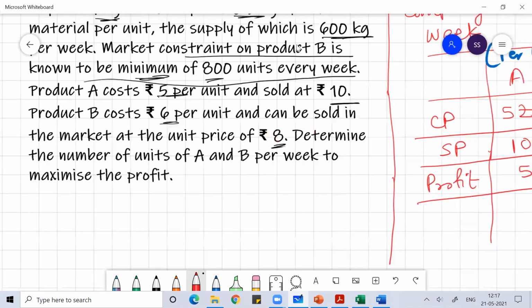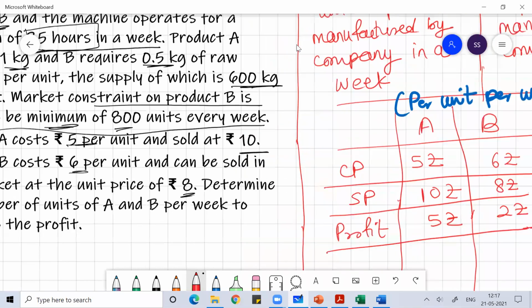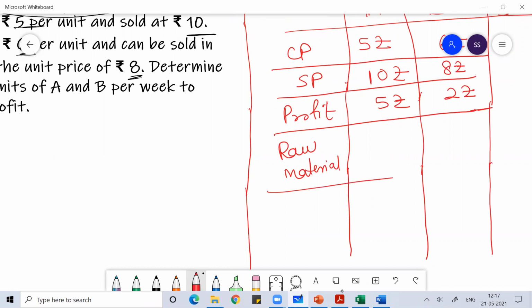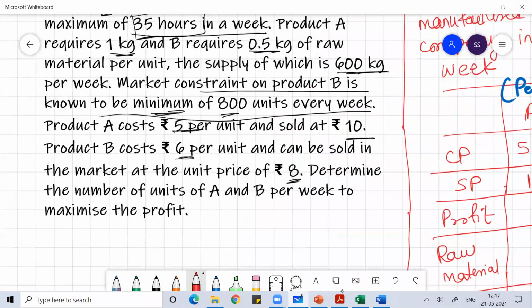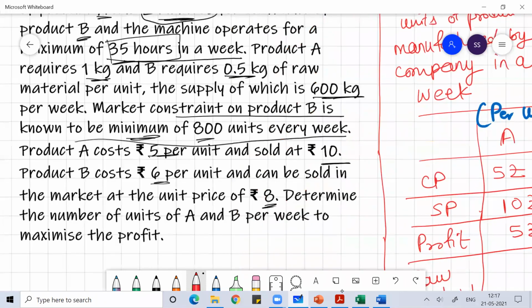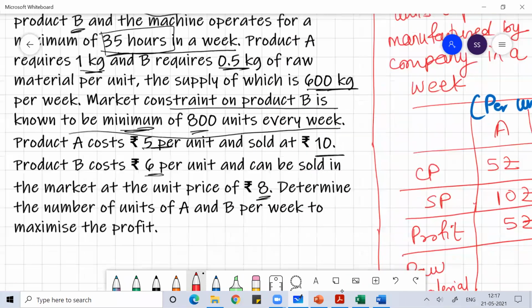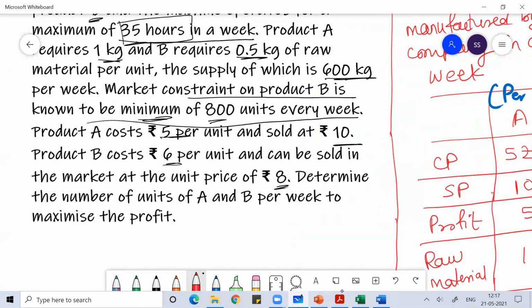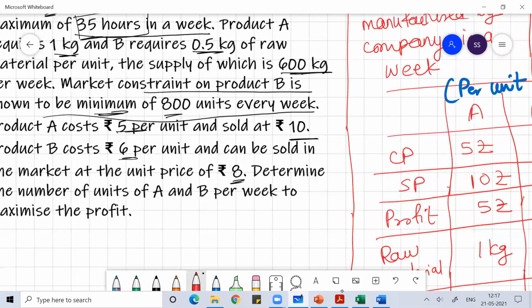Then what else is given? Raw material. If I talk about raw material on product A and product B, product A requires 1 kg and product B requires 0.5 kg of raw material per unit, and the supply of which is 600 kg per week.